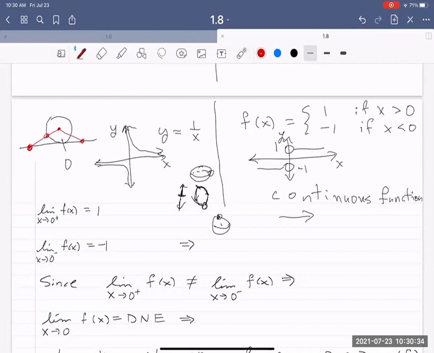Identify this point on the number line with this point on the circle. So I can identify every point on the circle by points on the line. Therefore, I can make this line into this circle, except at the North Pole.